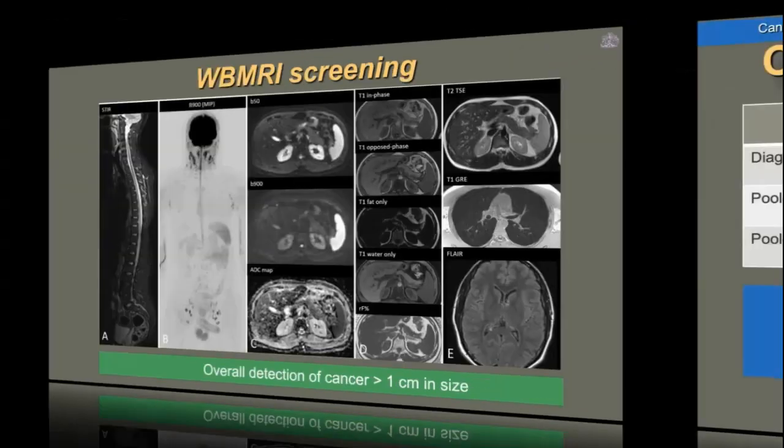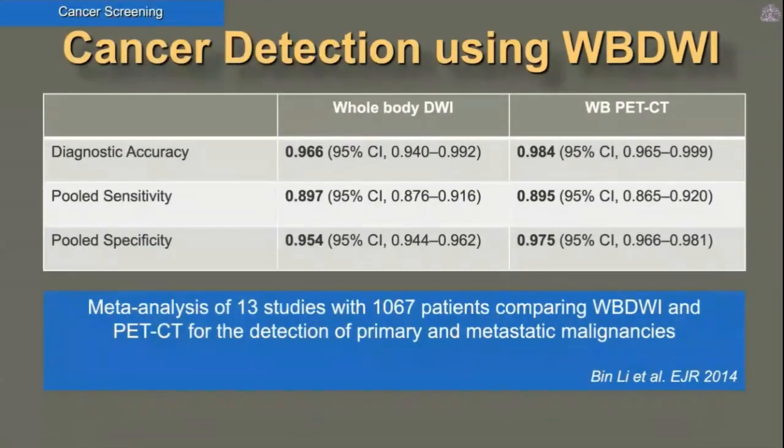Why are we confident that we can use whole body MRI as a means for cancer detection?